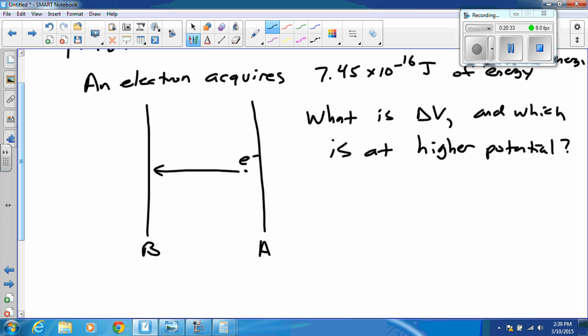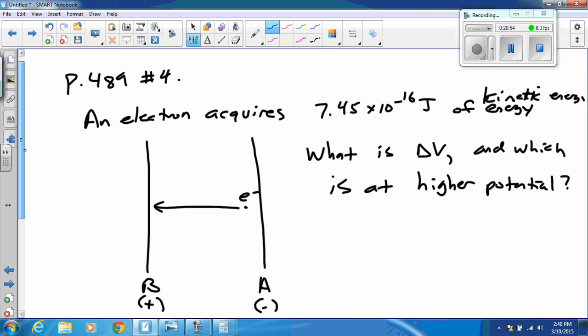Let's answer the second question first. Which one of these plates is the positive one, and which one is the negative one here? B is the positive. Why is that? Because of the negative electron charge. Yeah, that's exactly right. That negative electron is going towards the positive and away from the negative. So B is at the higher potential. Now the question is how much?